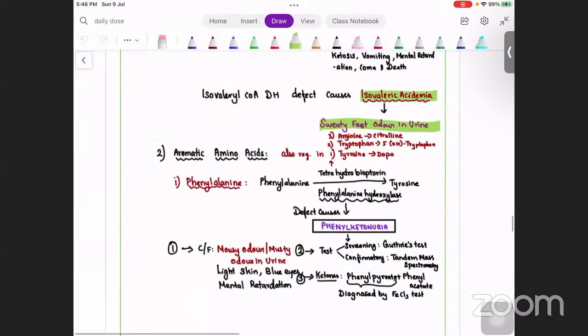Then apart from that, aromatic amino acids. I used to remember them with the mnemonic PTT: phenylalanine, tyrosine, and tryptophan. The phenylalanine to tyrosine conversion is mediated by phenylalanine hydroxylase, which requires tetrahydrobiopterin as a cofactor.